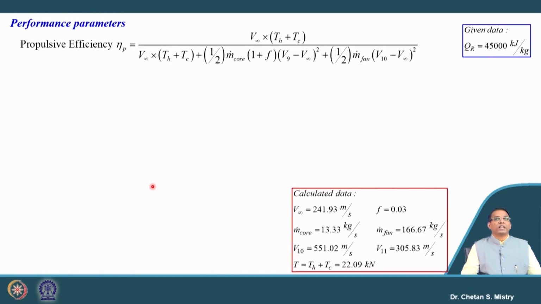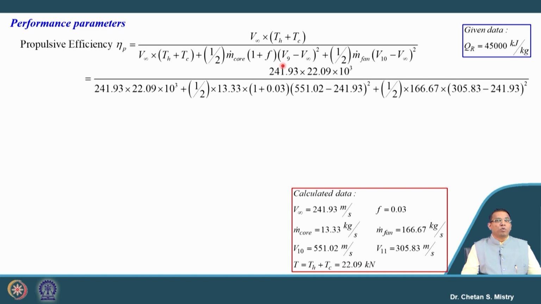For propulsive efficiency, we know it is given by V infinity into net thrust. Here this thrust we represent in terms of hot thrust and cold thrust. The other term represents the kinetic energy, and if we put in all these known numbers, the propulsive efficiency comes to be 84.29%.